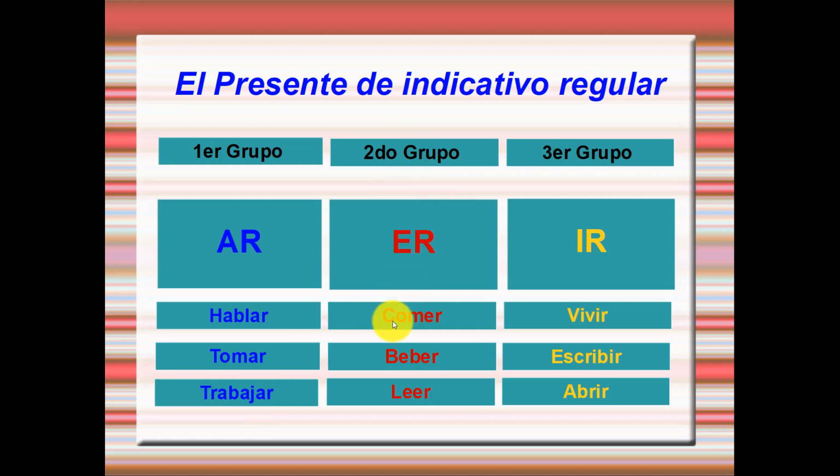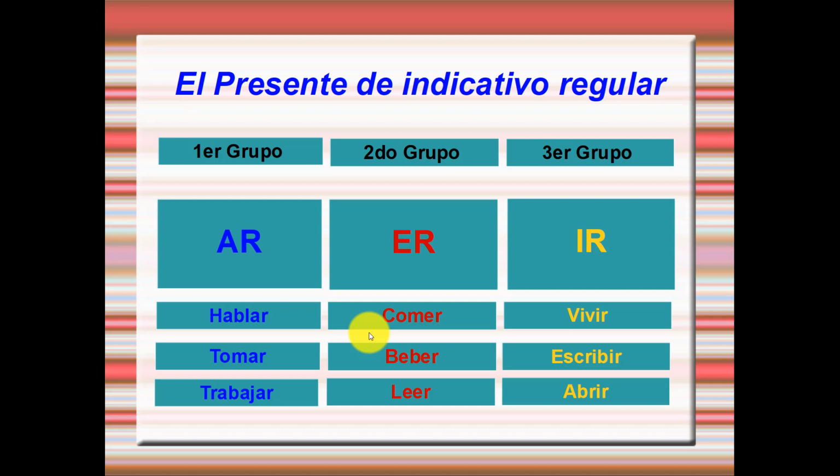For example, comer, you have here ER. Beber, to drink. Leer, to read. And in the third group, we have all the verbs ending in IR. For example, vivir, escribir, abrir. So all these verbs are regular, and then we need to conjugate them.